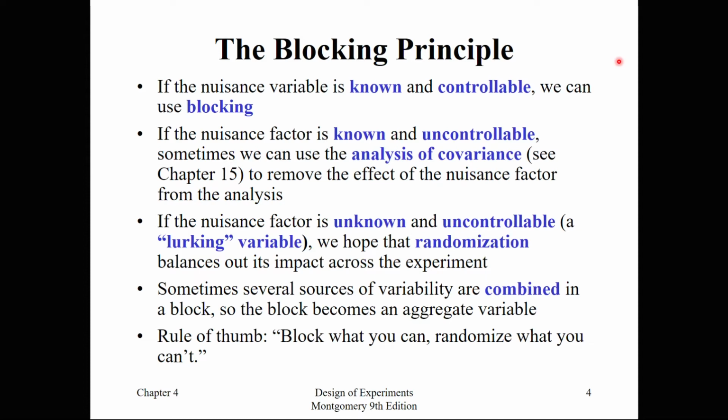Now, not all nuisance factors are things that we can control via blocking. Sometimes we have nuisance factors that are not controllable via blocking, and in that case, we're going to have to take a slightly different approach. But for nuisance factors that are controllable via blocking, they have to be known, so we have to know which factors they are, and we have to have the same amount of control that we do over our independent variable.